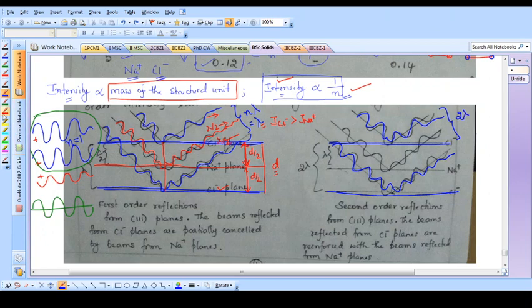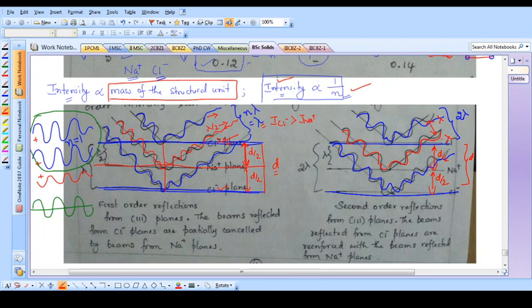But simultaneously the X-rays fall on the sodium plane and are reflected, and since the distance between two chloride planes is d, this distance is half of d, this distance is also half of d. So what does it mean? That the path difference between the beams reflected by the chloride plane and the beams reflected by the sodium plane is lambda.